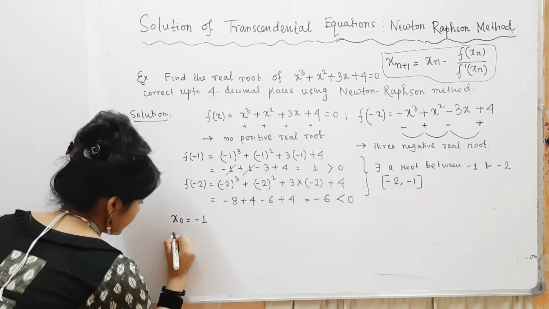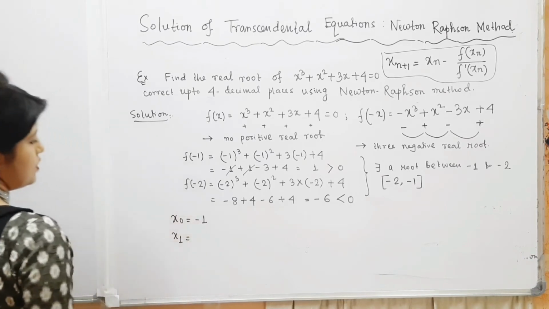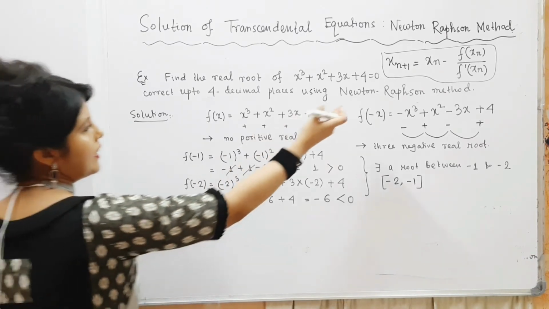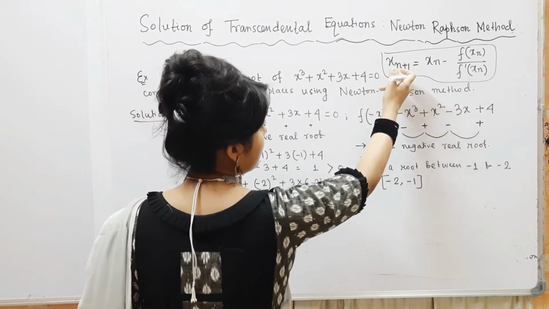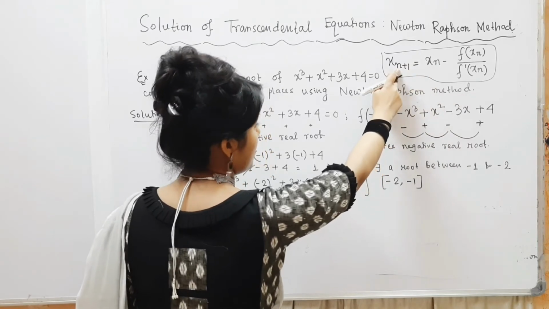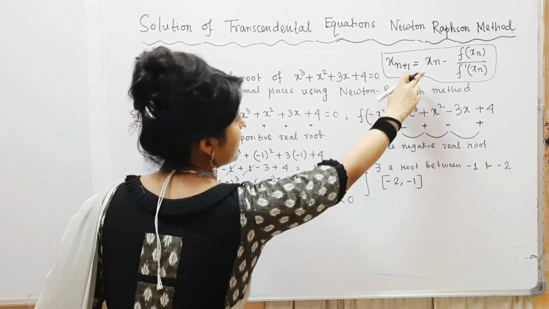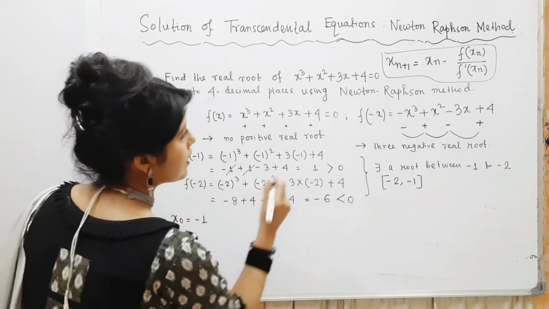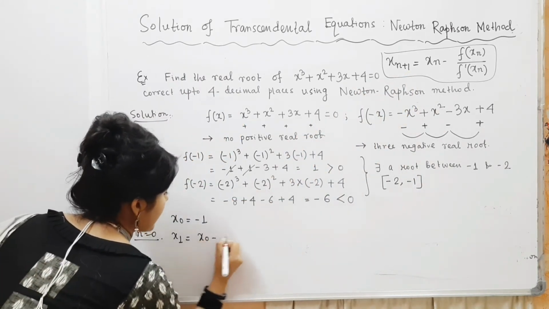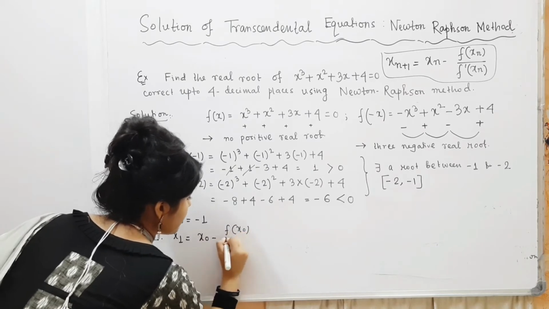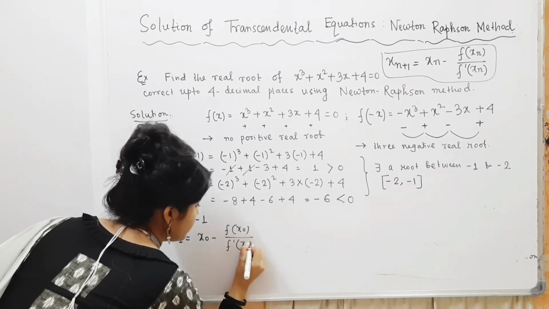Now what is x1? For x1, if I use this formula, then n equals 0. So for n equals 0, we have x0 minus f of x0 divided by f dash x0.